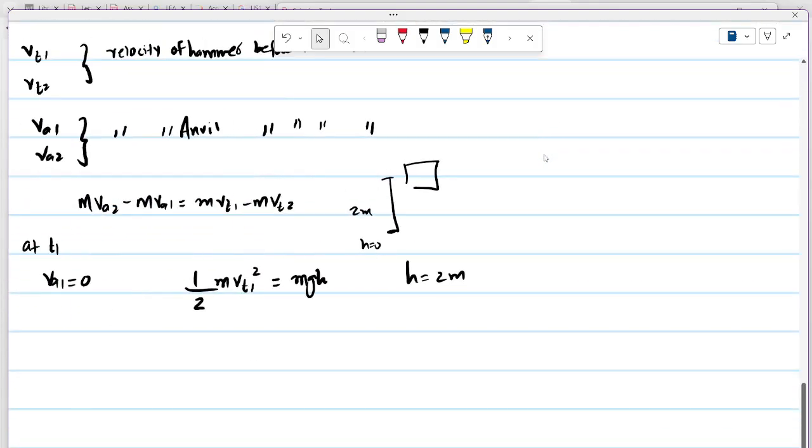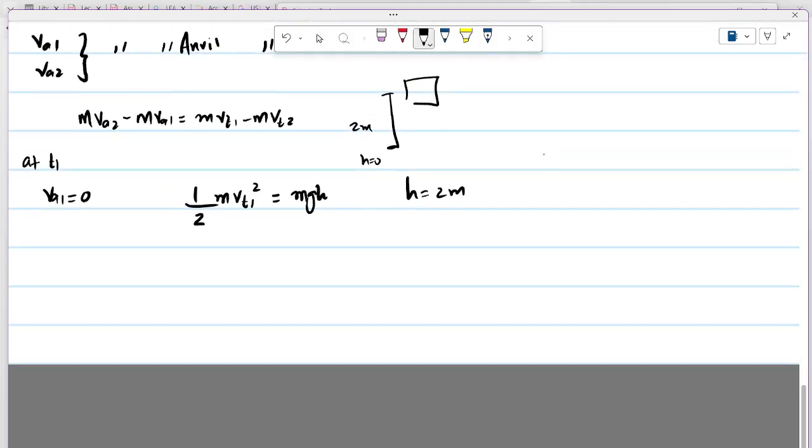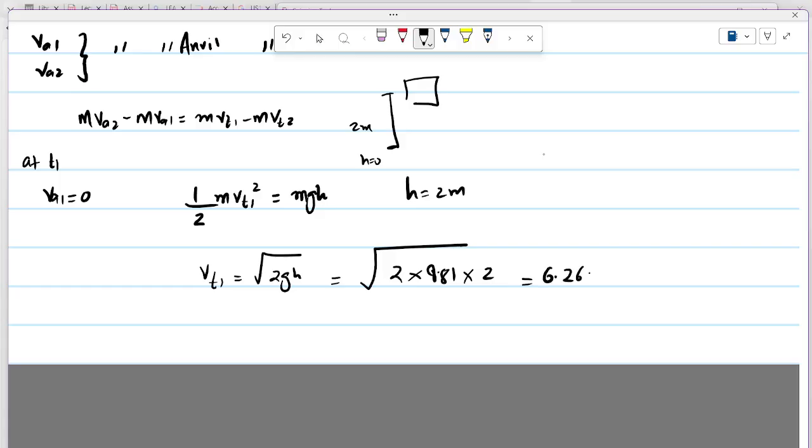So from here you can find vt1 equals square root of 2gh, which is 2 into 9.81 into 2, that is 6.26099 meter per second. That's the velocity of the hammer just before the impact.